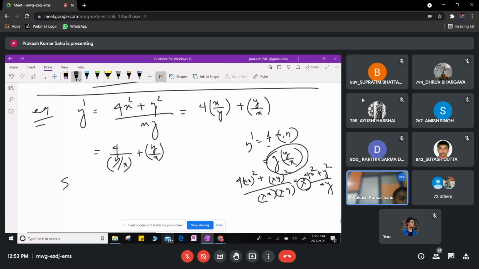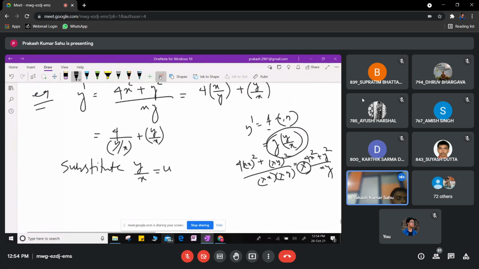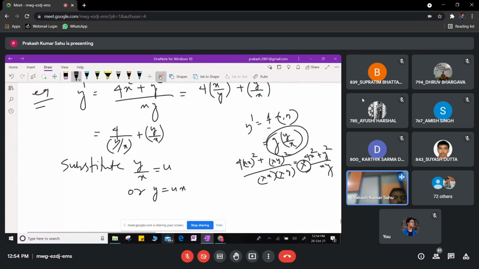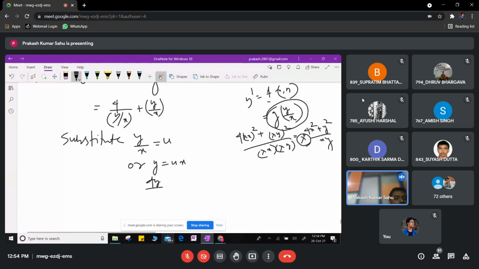So now you substitute y by x is equal to u. Okay, y by x is equal to u. If you substitute y by x is equal to u, or y is equal to ux, then you can find dy by dx. dy by dx is equal to u plus x du by dx.